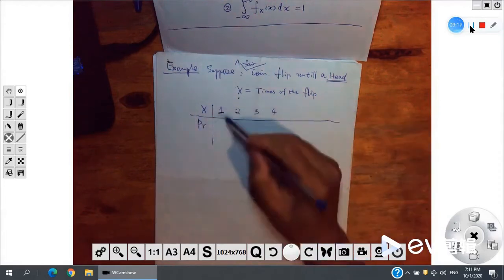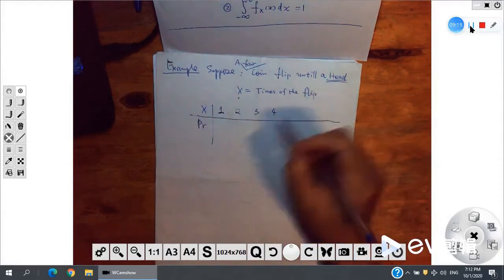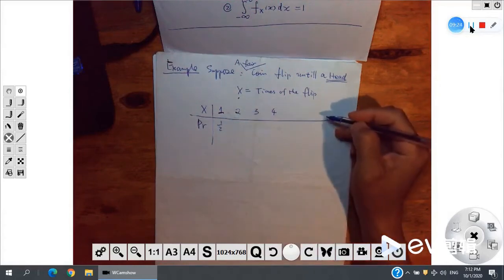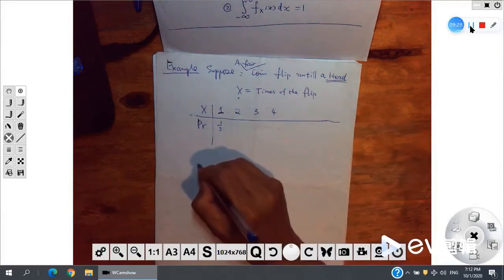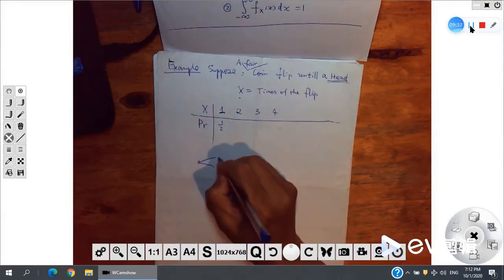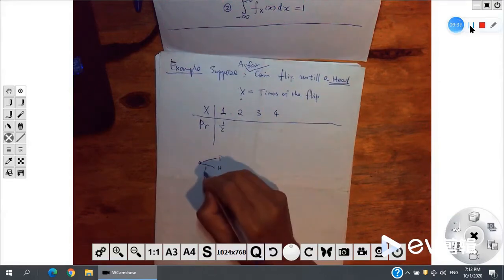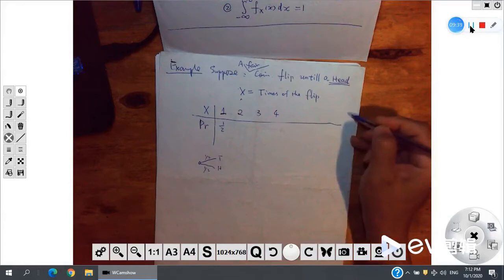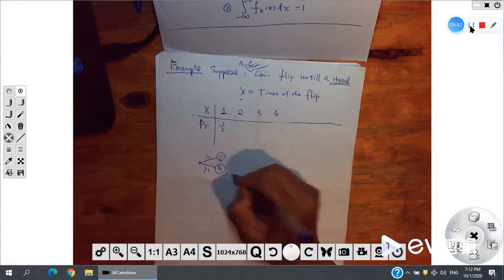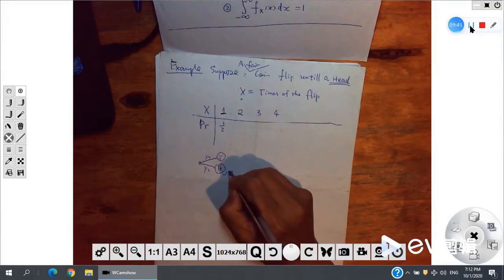Okay, the first time you get that head, you have a 1/2 chance, right? And if the first time you do not have it, then you will try a second time. So this is a tree structure. Remember, we use a tree. You have head or tail, each is half and half, right? You get head, it's okay, you have X equal to 1.